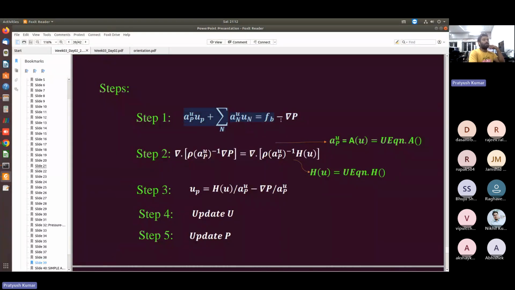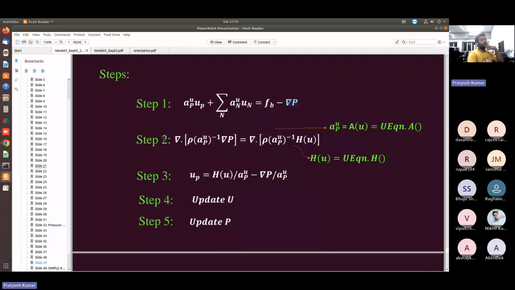So this is the momentum equation that has been discretized on a given cell domain.